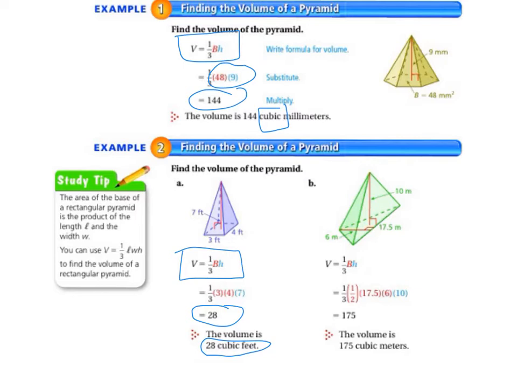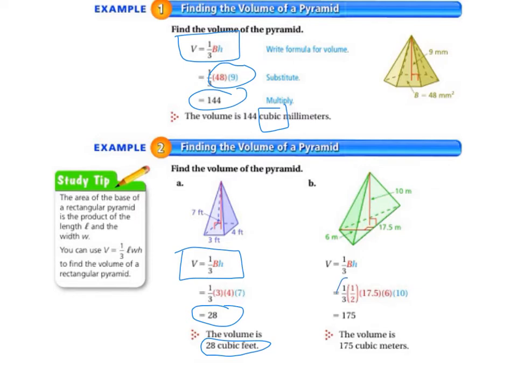We have a pyramid that is 6 meters by 17.5 meters, and the height is 10 meters. But it's only a half of a pyramid. So it's sliced in half, and that's kind of hard to see in the picture.